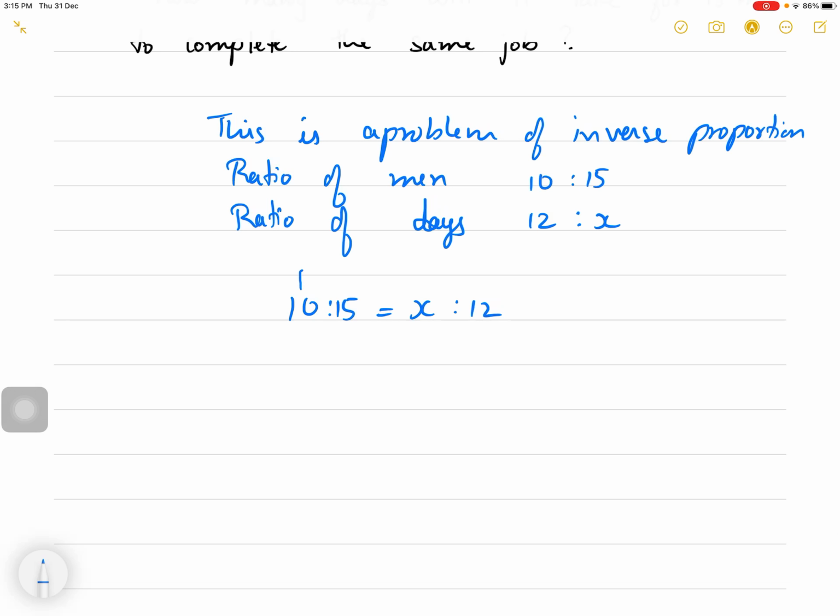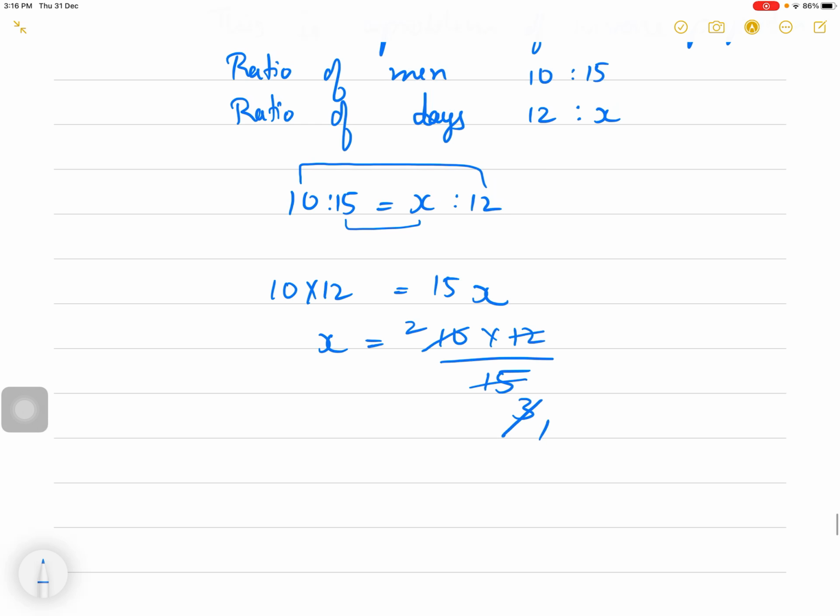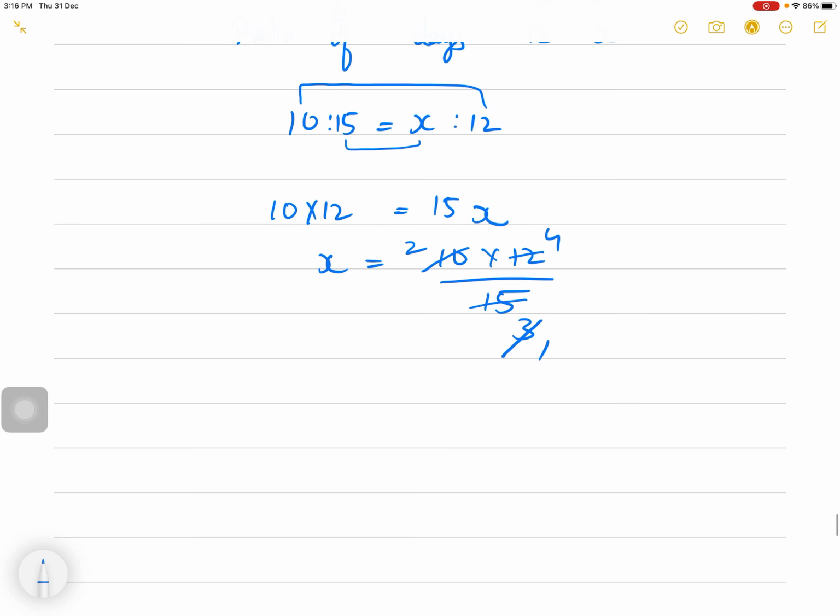Now 10 into 12 is equal to 15x. So x is equal to 10 into 12 divided by 15. So x is equal to 8. So 8 days.